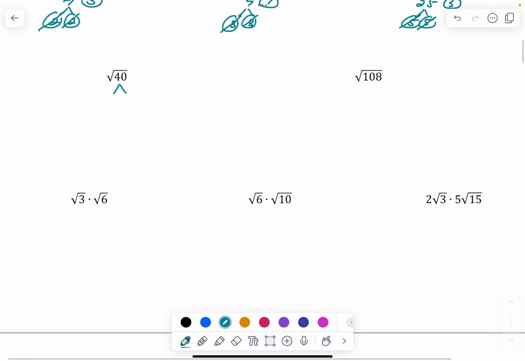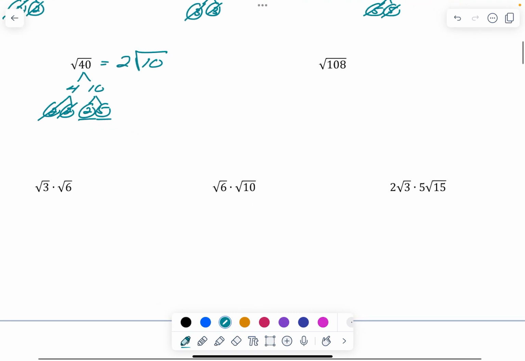With the 40, most of you probably think 4 times 10, 2 times 2, 2 times 5. So here the pair of 2's comes out, and 2 times 5, or 10, stays inside. Ooh, here's a big one, 108. I might need my calculator for this one. Let's see, I know it's even, right? So I can always do 108 divided by 2 to make it a little bit smaller.